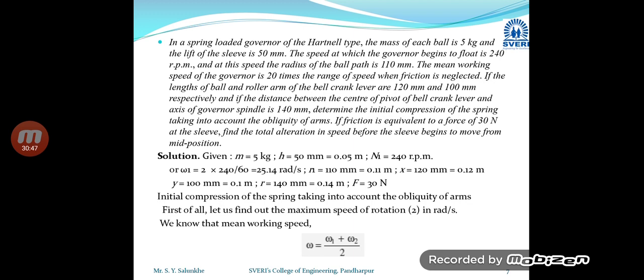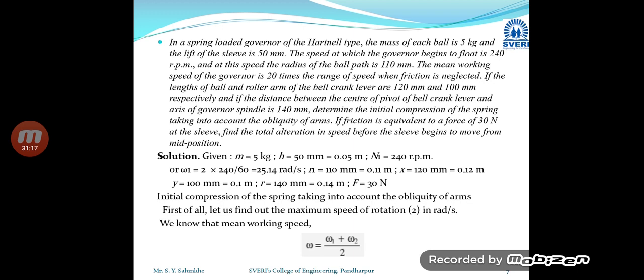So first of all we have to write the given data. So what is given? Small mass that is rotating is 5 kg, h is 50 millimeter, that is the total lift of that sleeve, total motion of that sleeve, h1 plus h2, that is 50 millimeter, and it is converted into meter as 0.05 meter. N1 minimum speed is given as 240 rpm, that is we can calculate omega 1.